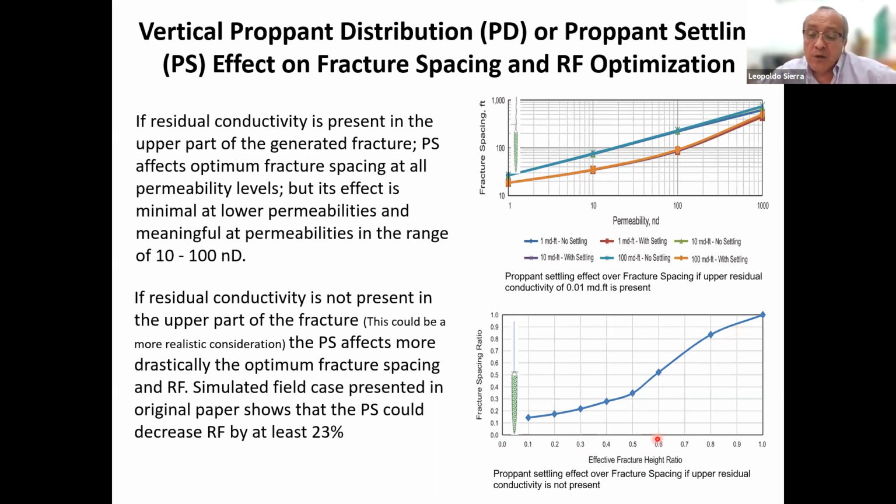For example, if the ratio between the packed fracture and the generated fracture is 0.5, it means that we're packing 50% of the fracture height. It means that the fracture spacing needs to be corrected by at least 35 or 40% of the ideal fracture spacing we calculated with the previous correlation.